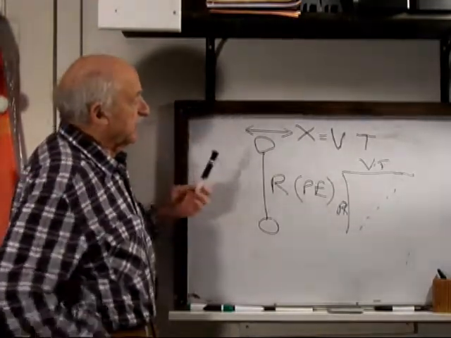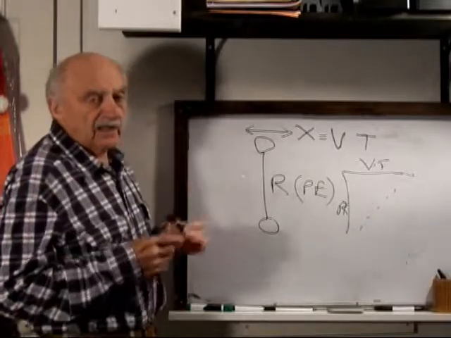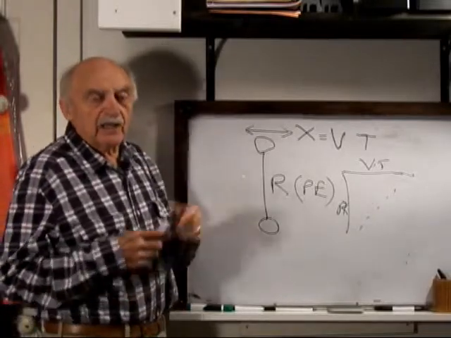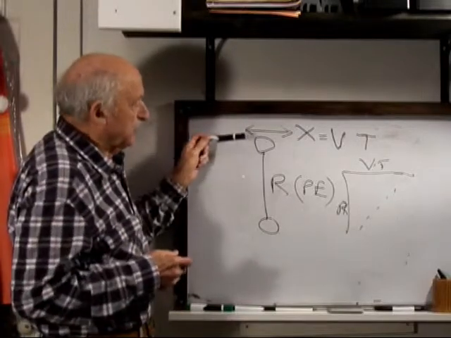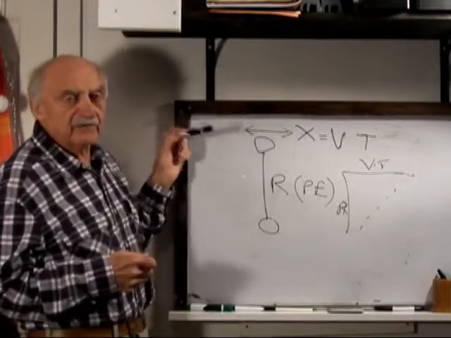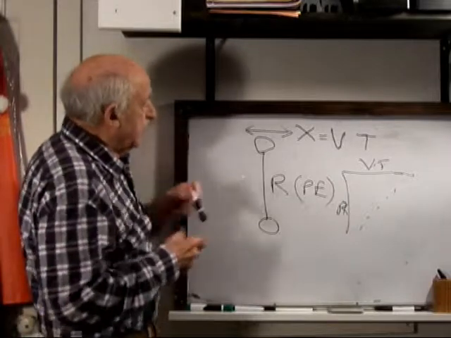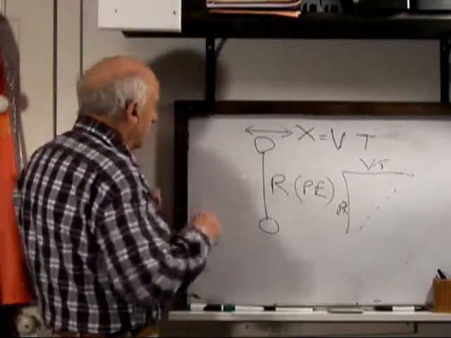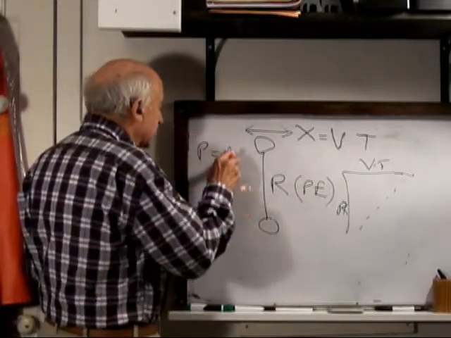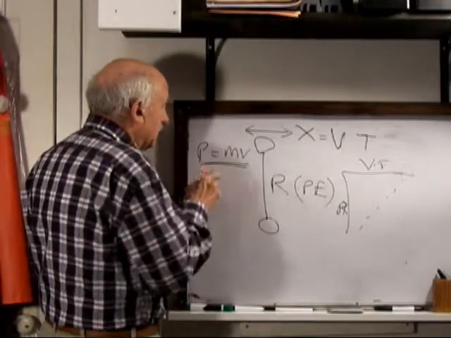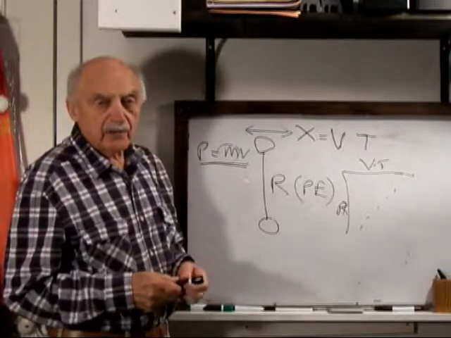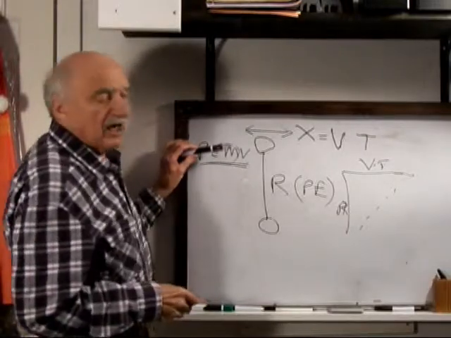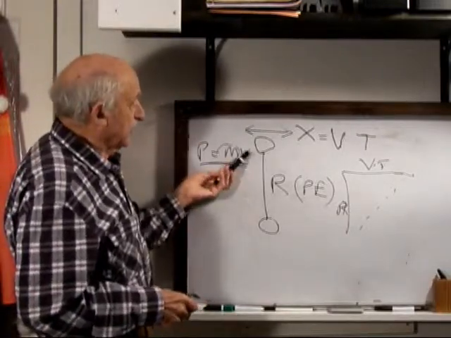And the reason for that is because by holding it, I am covering its mass. I am increasing its mass to an effectively infinite amount, so that its momentum, P equals mv, this is momentum. By my holding it, I'm making its mass infinite. It can't move, and its velocity is zero.